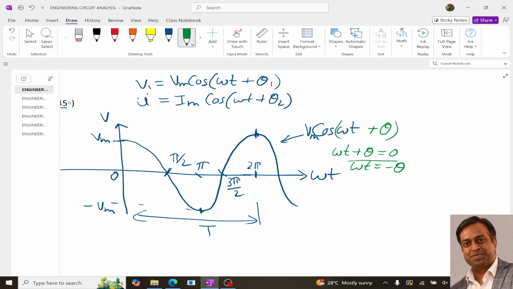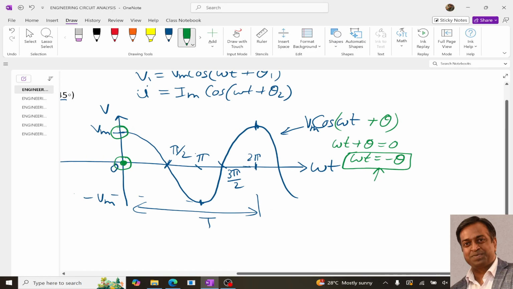So this waveform is going to shift to omega t equals minus theta. What it means is that the positive maximum, which was at this 0, will be achieved at omega t equals minus theta.